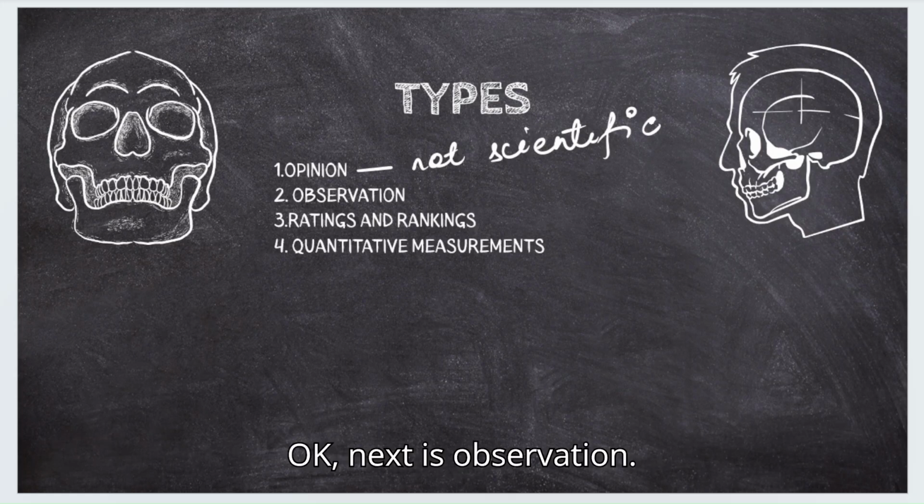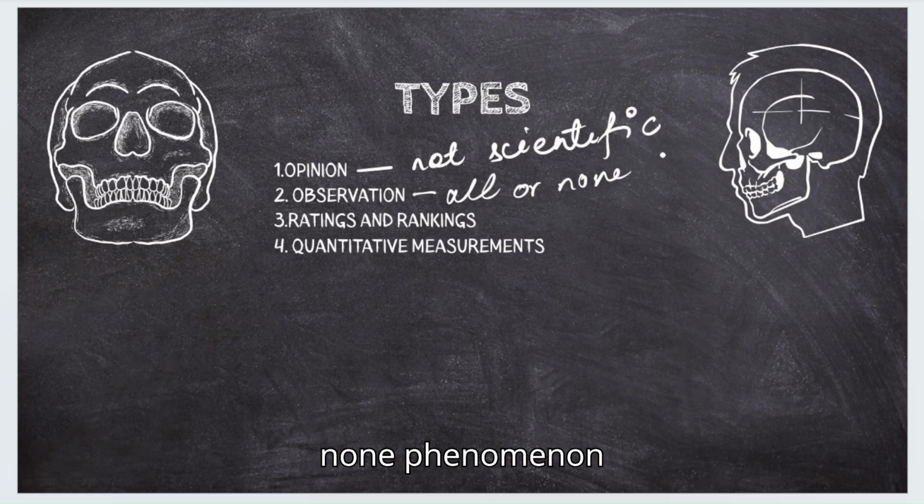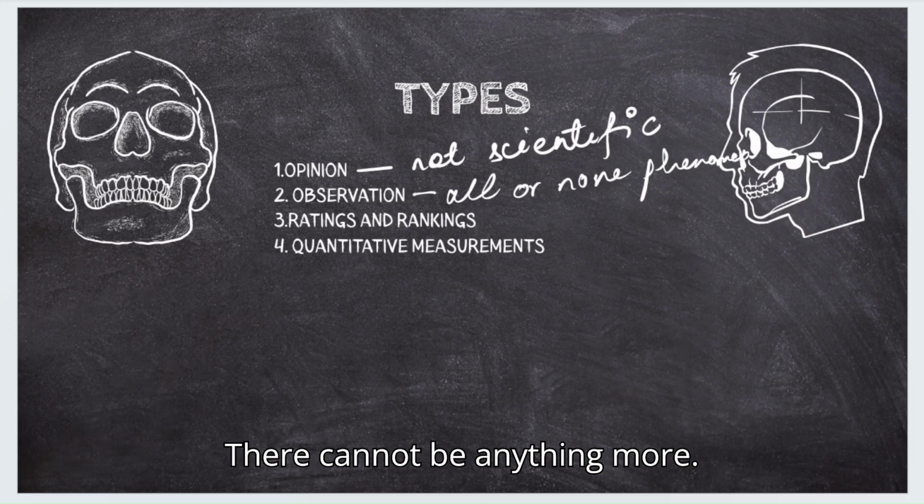Next is observation. Observation means if something is present or absent. This is very useful in studying phenomena that are either yes or no. There cannot be anything more.